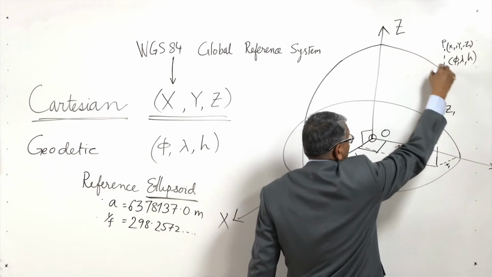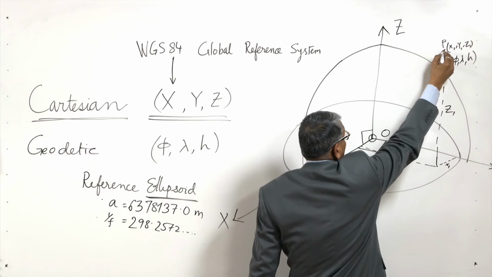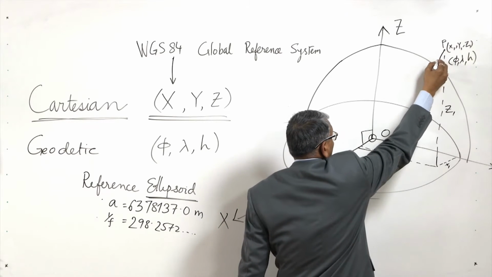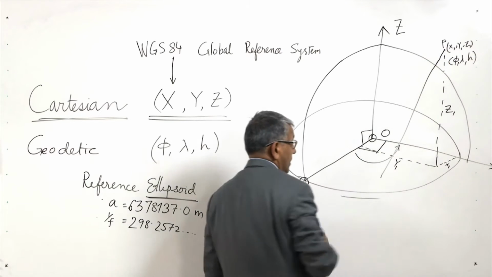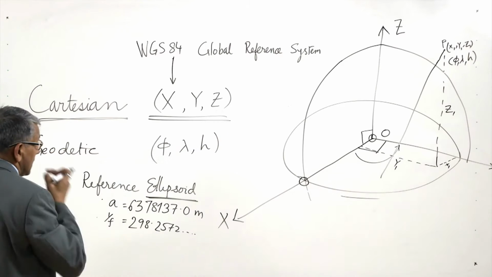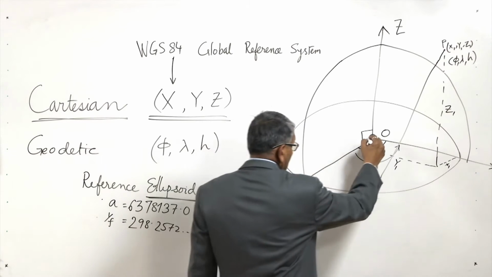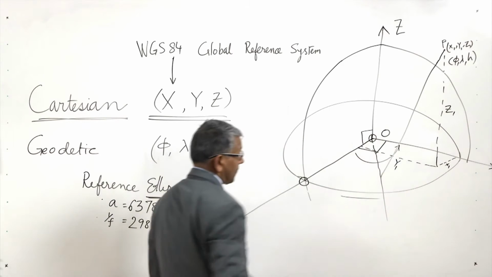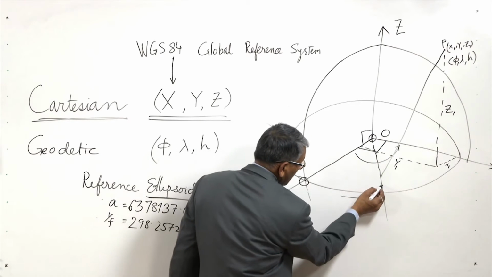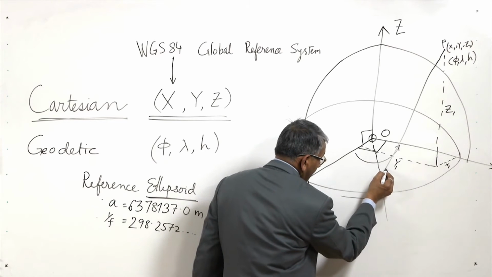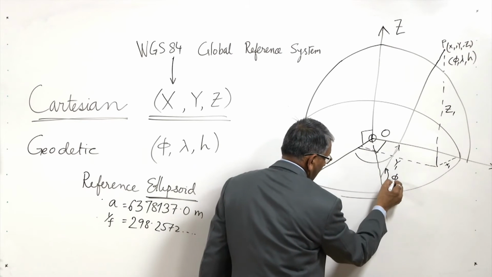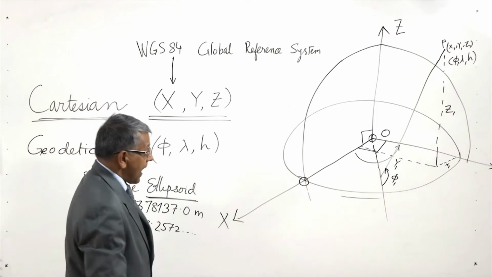If we drop a normal on it, it will reach the equatorial plane at some point like this. From this equatorial plane, the angle above it is the latitude.